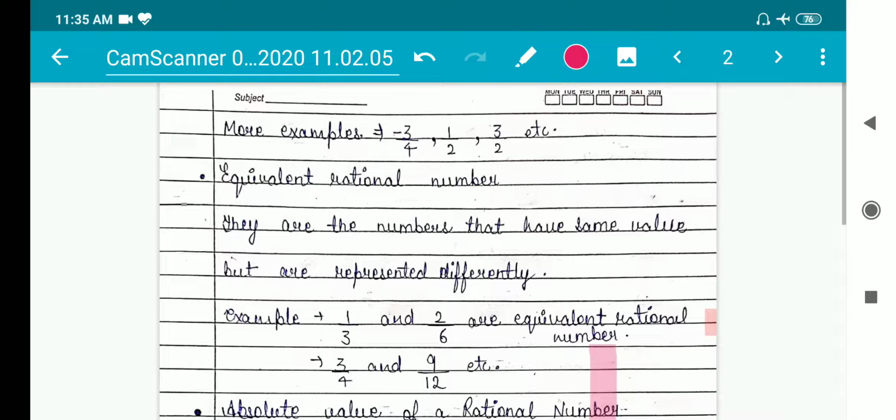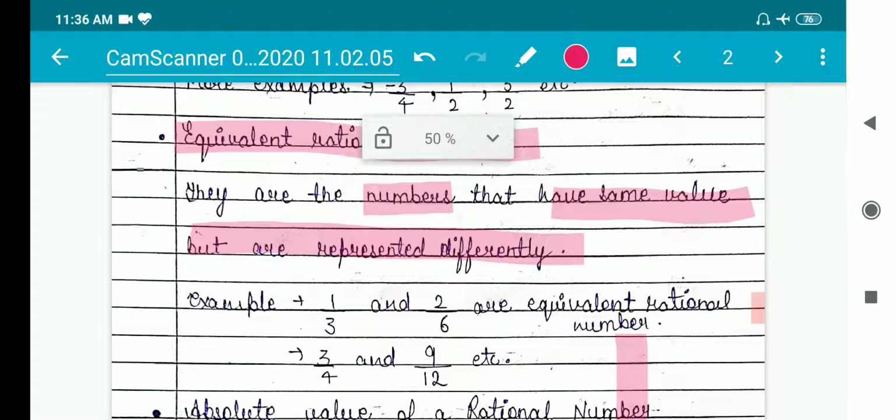Now I will talk about equivalent rational numbers. Equivalent rational numbers are the numbers that have the same value but are represented differently. Example: 1 by 3 and 2 by 6.